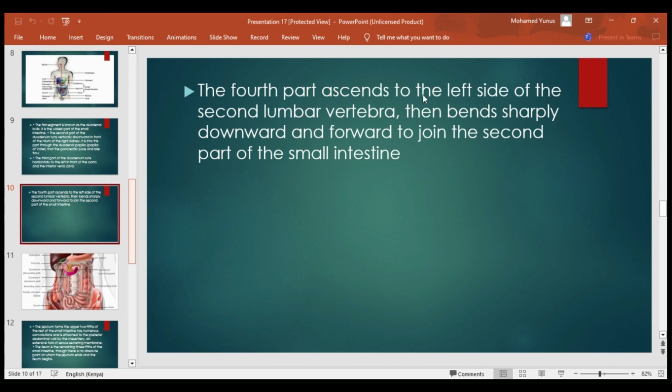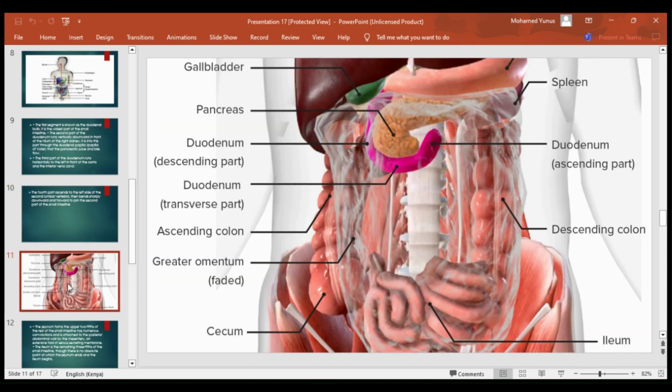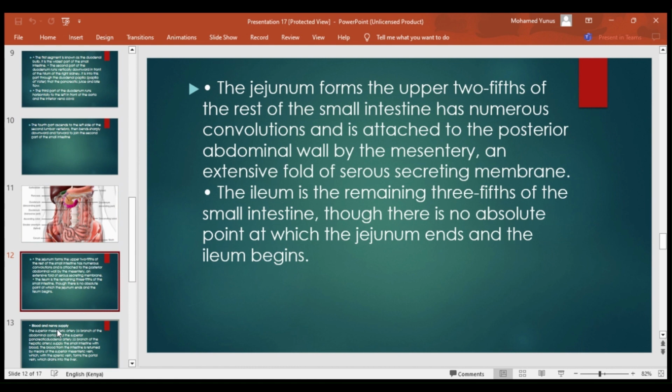We find that the fourth part ascends to the left side of the second lumbar vertebra, then bends sharply downwards and forwards to join the second part of the small intestine. So we are going to find that the jejunum forms two-fifths of the rest of the small intestine and has numerous convolutions and is attached to the posterior abdominal wall by the mesentery, an extensive fold of serous secreting membrane.